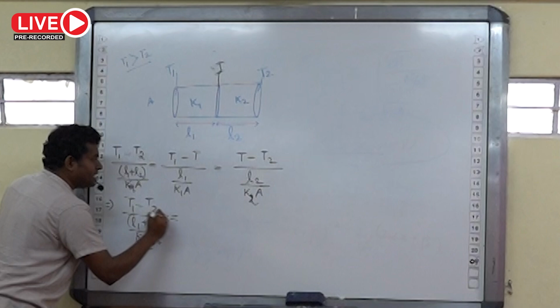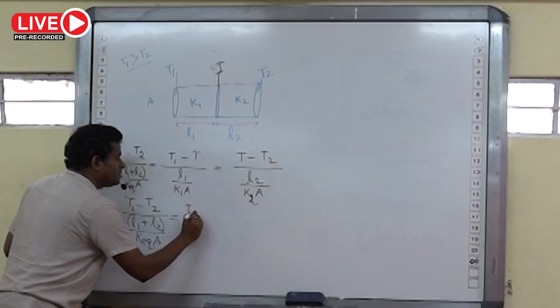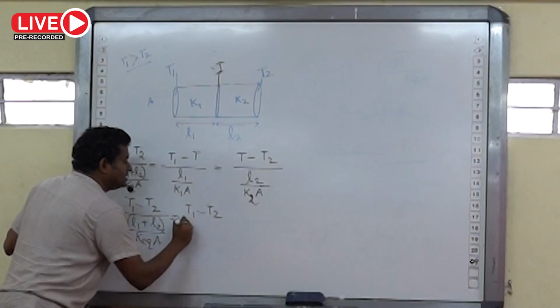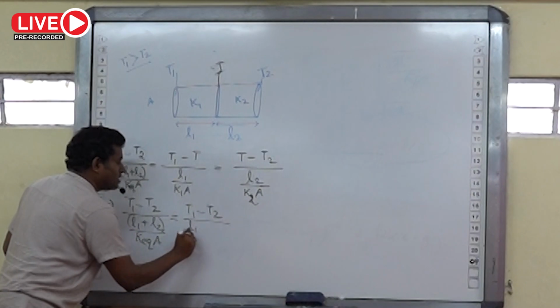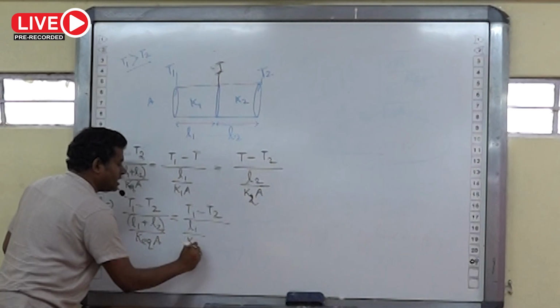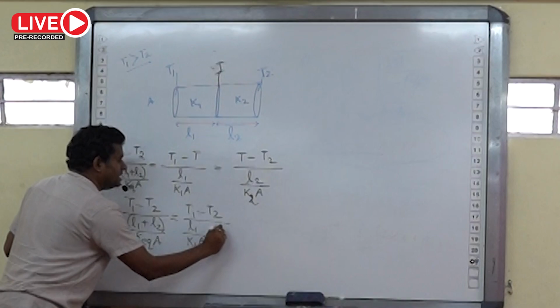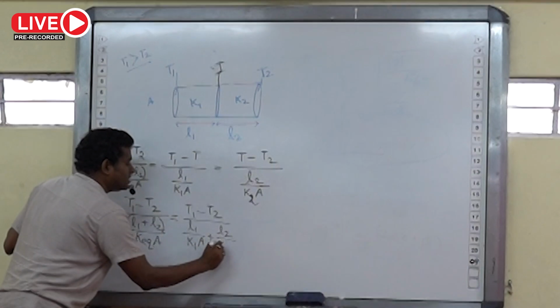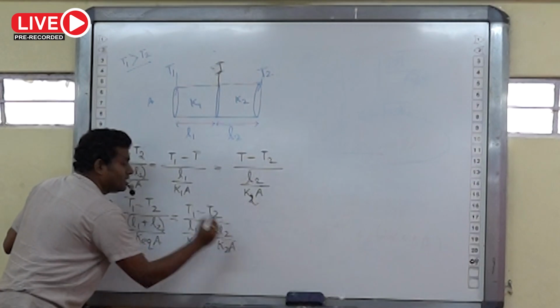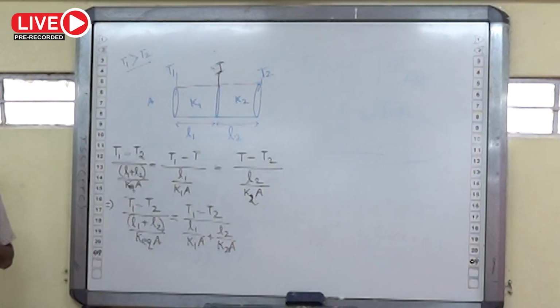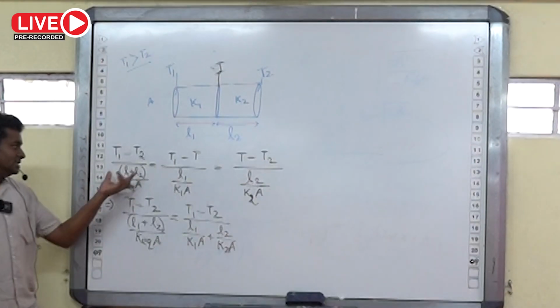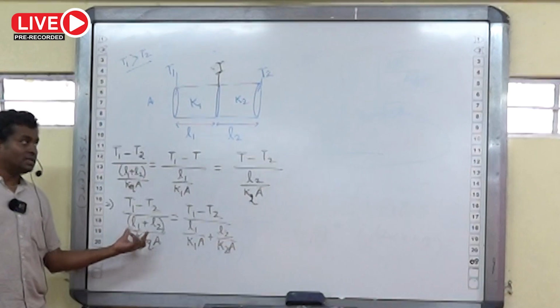This is simply equal to T1 minus T2 divided by L1 by K1A plus L2 by K2A. What I have done, this side remains same.